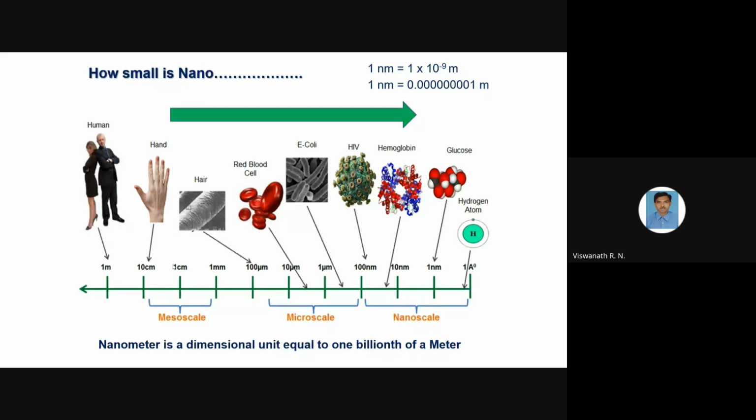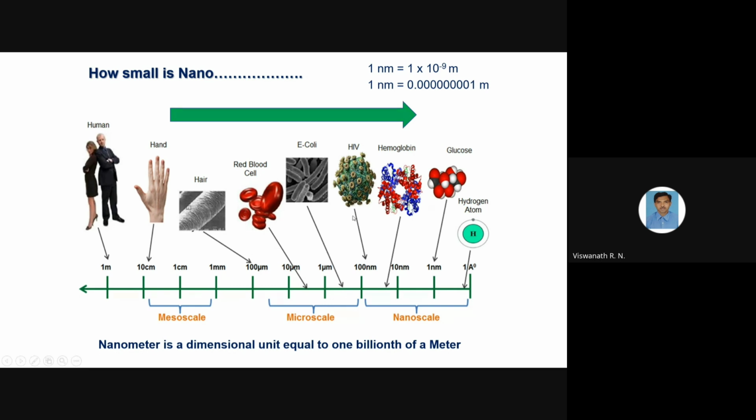So then there is a paradox. If you look at any object, meter like human height, centimeter scale like our hand, hair dimension, hair 100 micrometer. Human hair is between 60 and 80 micrometer depending upon the age bracket.